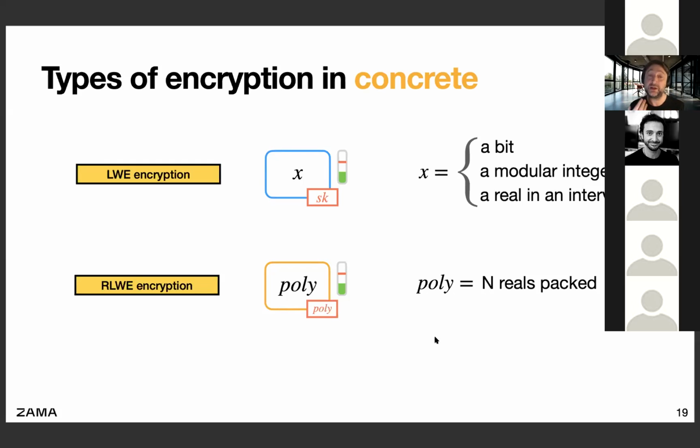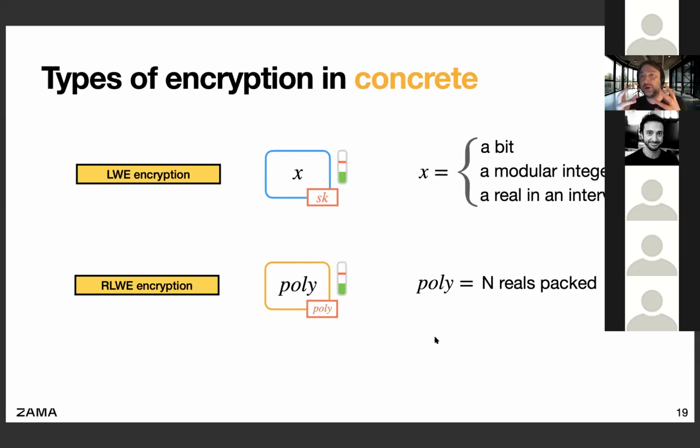What you can encrypt can be a single bit, a modular integer, an integer modulo something of your choosing, or a real in some prescribed interval. You can also put a real value in there. And we have this other kind of encryption format where instead of encrypting one value X, you actually encrypt a polynomial whose coefficients are basically different values of X.